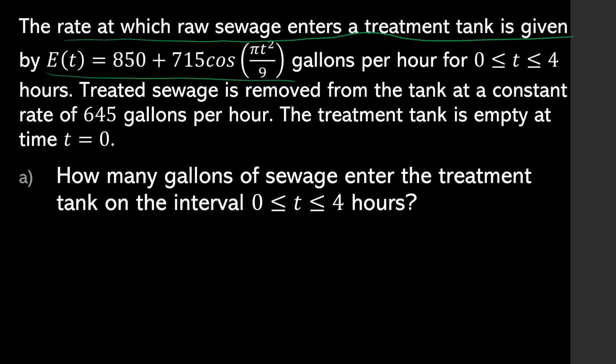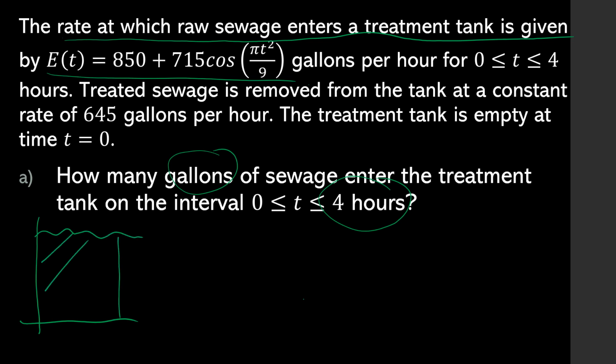Let's decide. E of t is measured in gallons per hour, and our answer is supposed to be in gallons with an input of hours. So it doesn't really matter what E of t looks like. We're thinking area under this curve, because if we did graph here, you'd have gallons per hour multiplied by hours gives us total number of gallons.